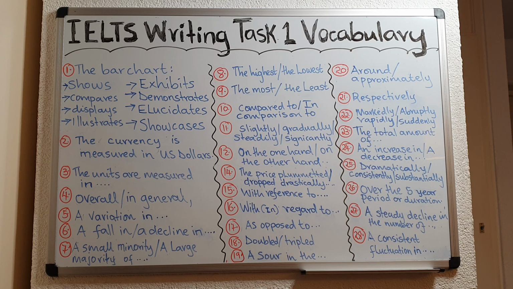Okay? In the year 2020, the price of fresh fruits plummeted or dropped drastically from 50 euros to 1 euro. Okay, that is a very great change in the price. It has gone down, it has plummeted.